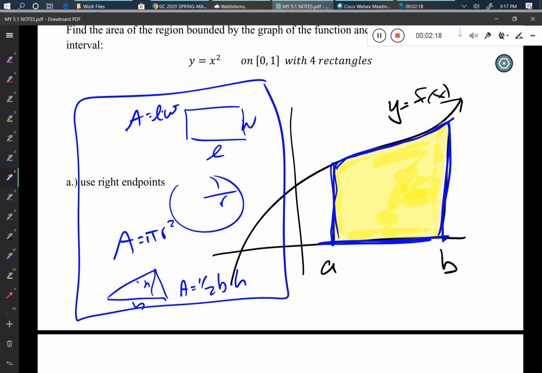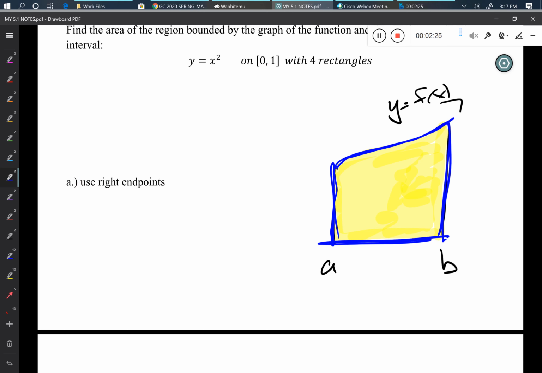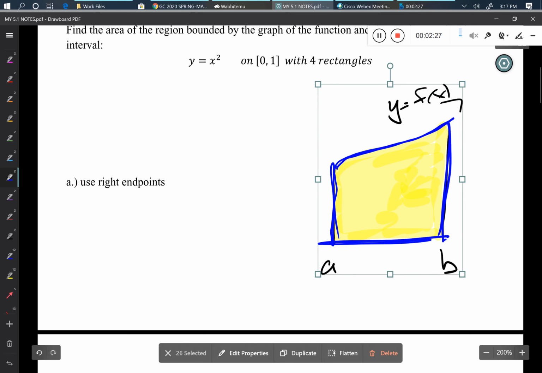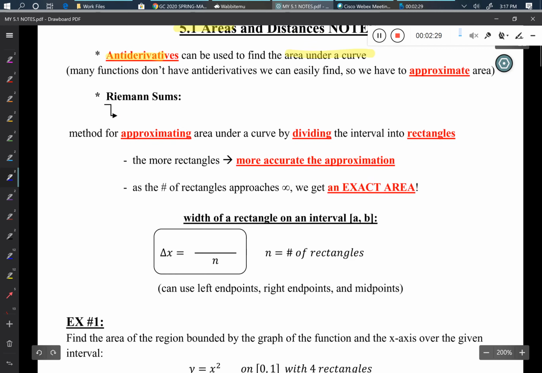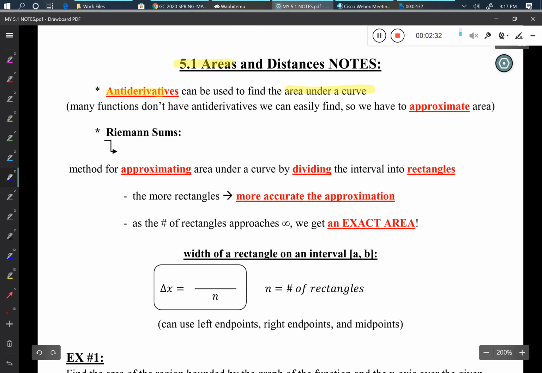Okay? And so what we're going to do is use something called a Riemann summation as a technique for making this work. So let me get rid of all this because I'm going to need that space later. What we're going to do is find the area under the curve by first doing an approximation technique, and then we're going to refine that approximation, make it better, until it gets so good that it ceases to be an approximation and becomes the exact value.